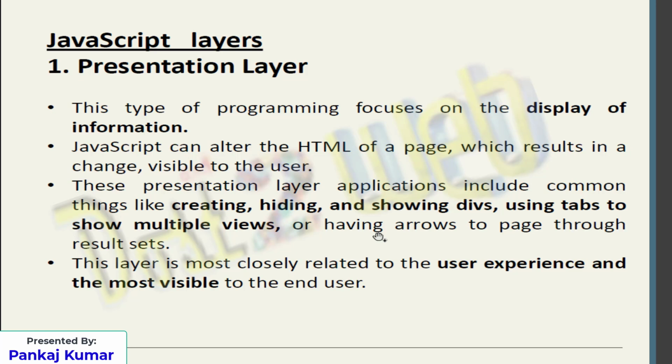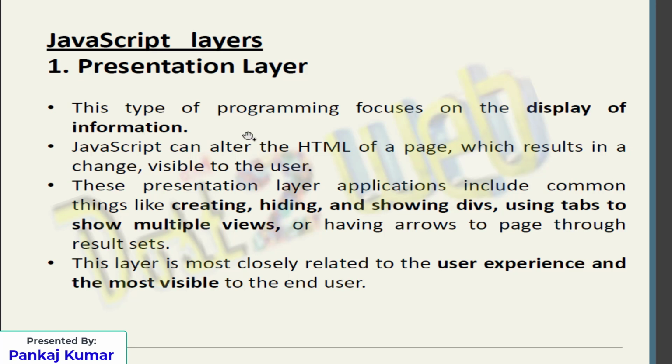So whenever you use this type of programming in the presentation layer, first you focus on the display of information. Then JavaScript will alter the HTML of the page, and the resulting change will be visible to the users.